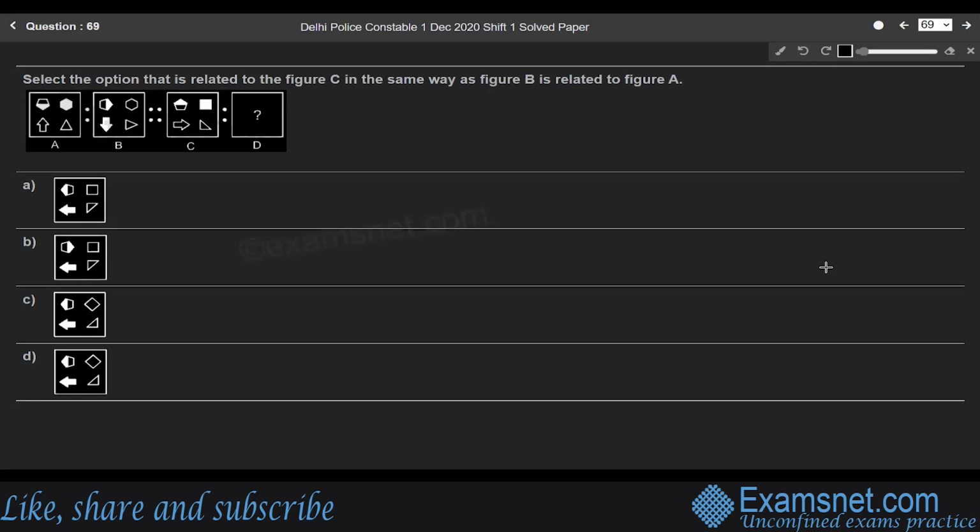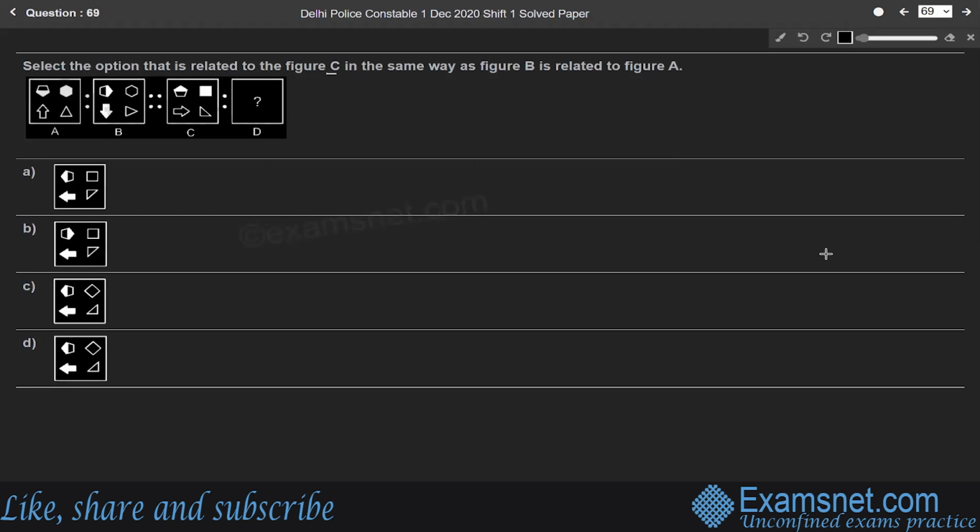Question 69. Select the option that is related to figure C in the same way as figure B is related to figure A. Here A and B are two figures, with images 1, 2, 3, and 4. Look at image 1, which is an inverted pentagon.